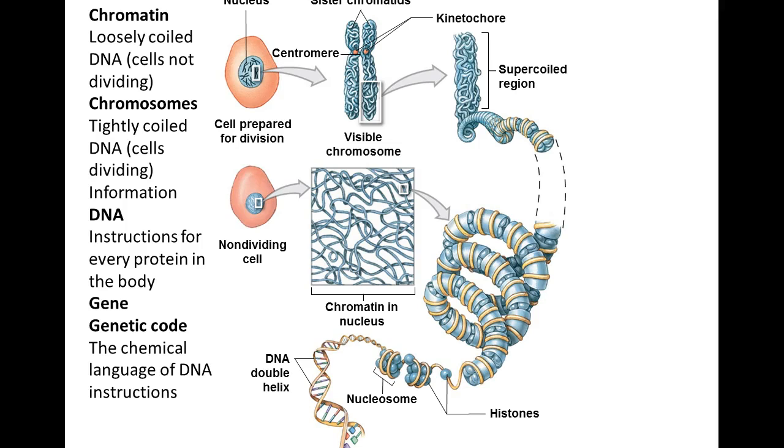But when the cell is not getting ready to replicate, you want that DNA kind of unwound so that it can separate, and messenger RNA can come in, and proteins can be dictated, can be controlled. And then when that cell is getting ready to duplicate itself, the genetic data condenses into chromosomes, so that they can move in an organized way to the 2 new daughter cells.